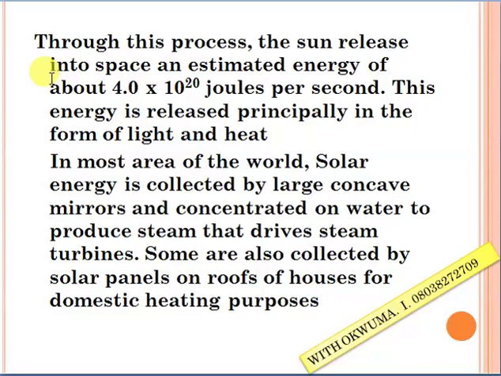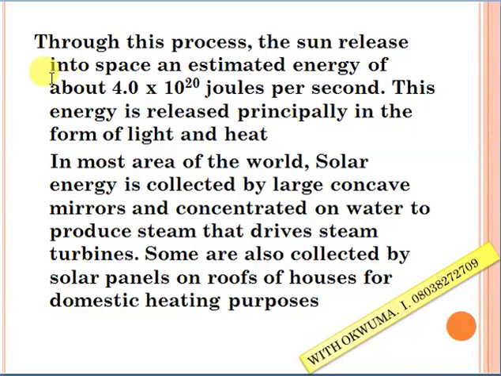Can you see the energy that is released from the sun after the process of nuclear fusion? A very high energy. In a second, the energy that is released from the sun is around 4 times 10 raised to the power 20 joules. Uncountable, very high. This energy is released principally in the form of what?